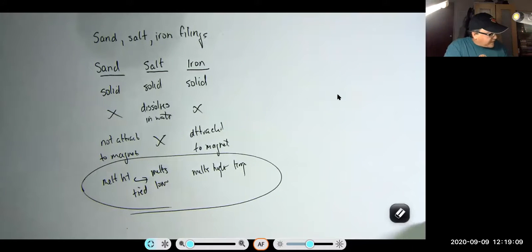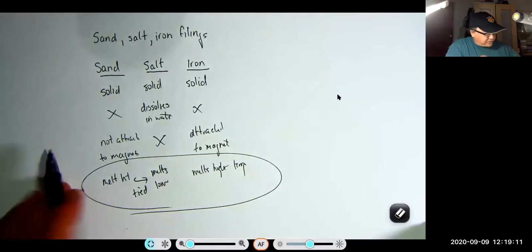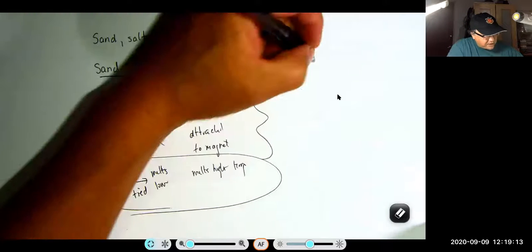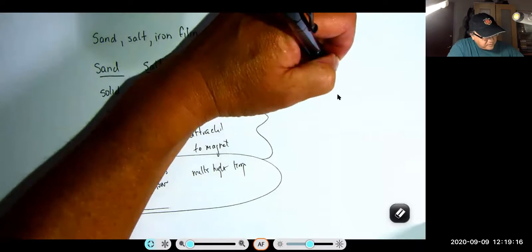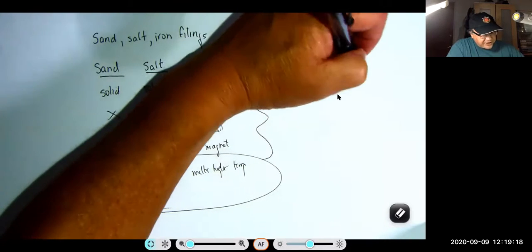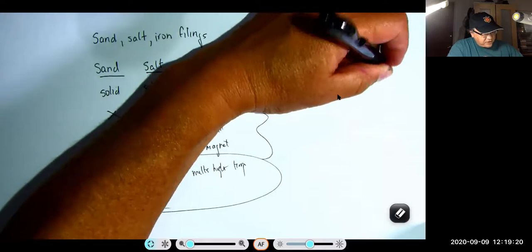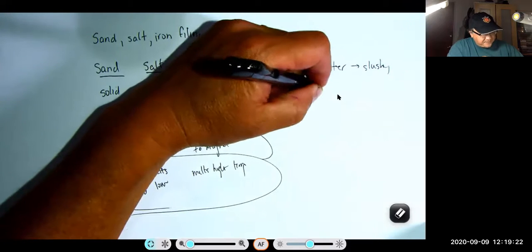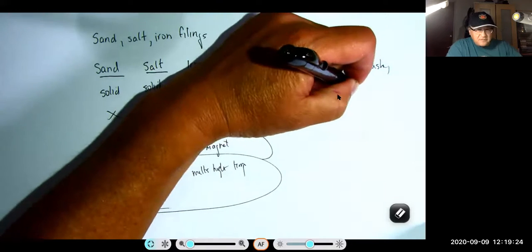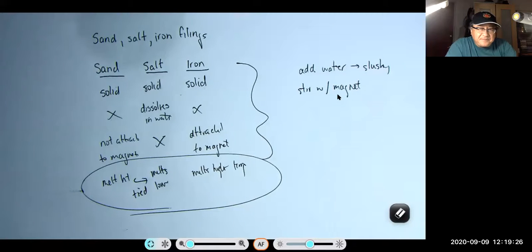I certainly don't have them rolling around in my head. So I'm thinking about all of this, and I'm thinking, well, shoot, the easiest thing to do would be to add water to make it slushy, stir with a magnet. Now, what's going to stick to the magnet? The iron. Okay, so you stir it with the magnet and you get all the iron.